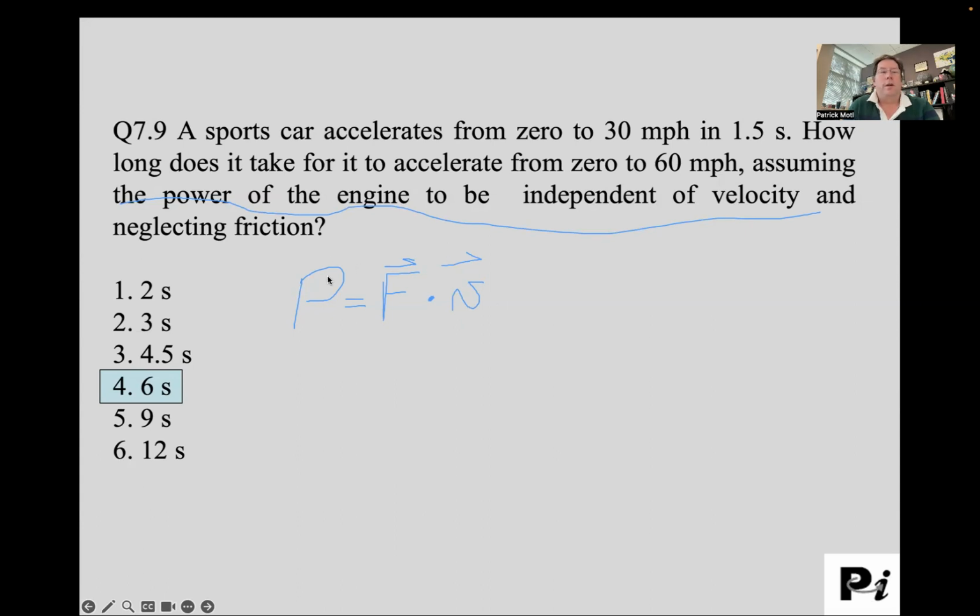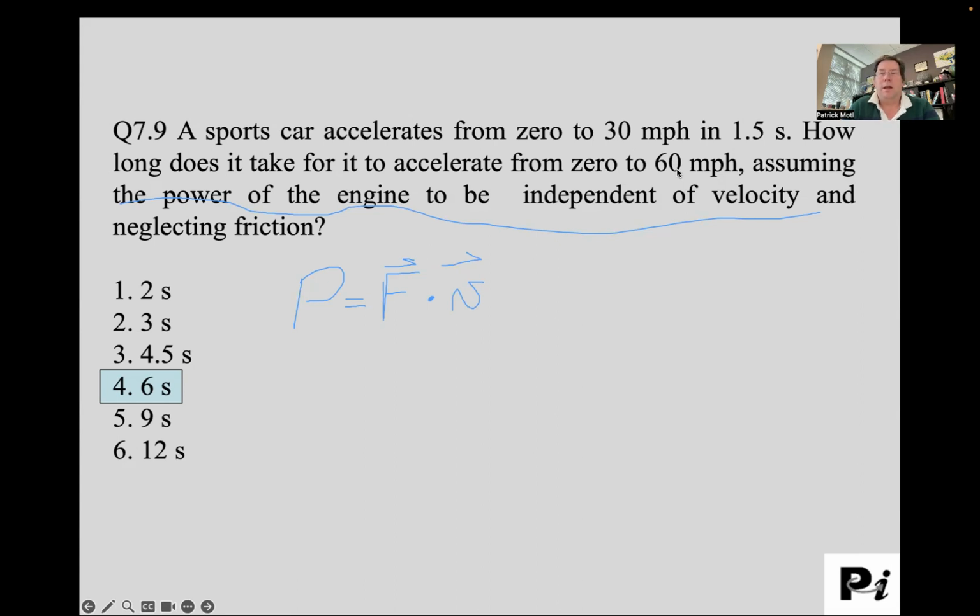All right. So then how do we get to 6 seconds out of this? There's going to be a certain amount of work done to go from 0 to 30 in 1.5 seconds. To go from 0 to 60, my final speed is twice as fast. So the kinetic energy that the car has is 4 times bigger, from the work energy equation.